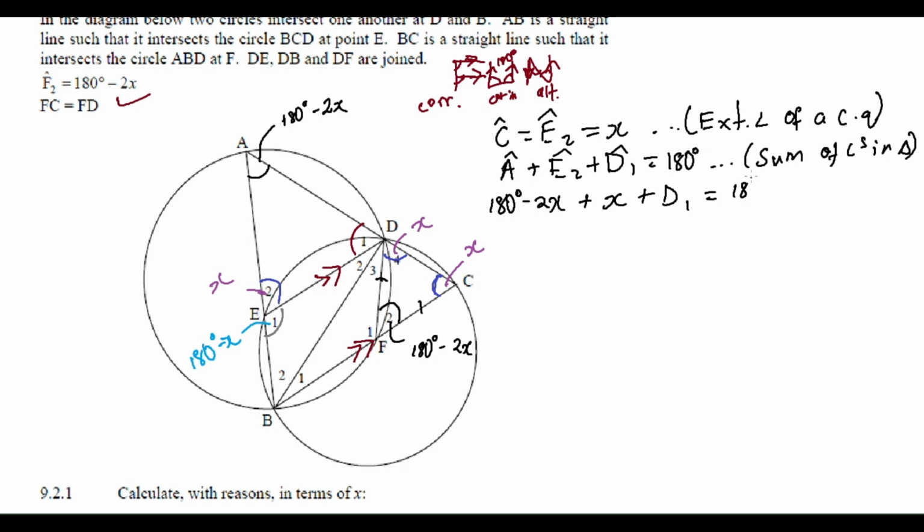So we know, guys, that if we transpose, this 180 is going to cancel that other one. So here we are going to have negative 2x plus x. That's the same as saying 2 minus 1, so we are going to get negative x plus D1 equals 0, and then we know that D1 is equal to x.